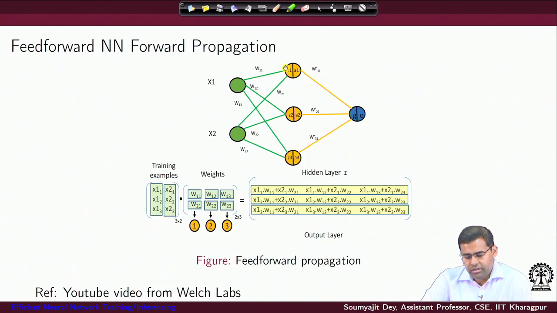In that way I can say that each of these neurons is receiving different possible combinations, right. This one is going to receive a combination from x1 and x2 multiplied by W11 and W21, right. This is going to receive a combination from x1 and x2 multiplied by W12 and W22, right.